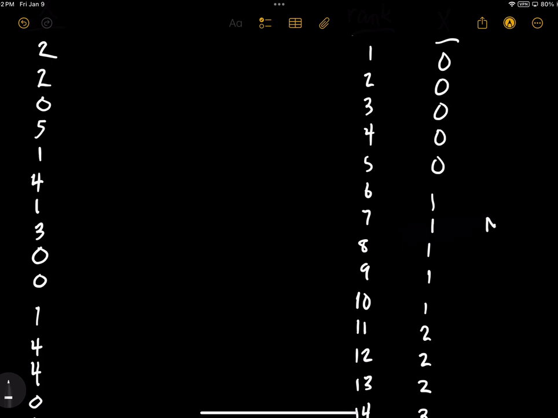I do n plus 1 divided by 2, which in this case is 21 plus 1 divided by 2, which is going to equal 11. I'm at my 11th rank, and my median then is a 2.